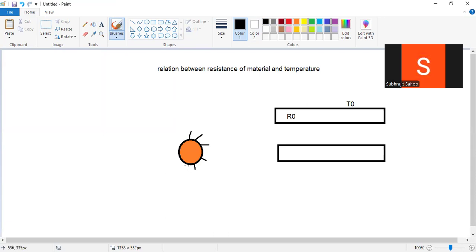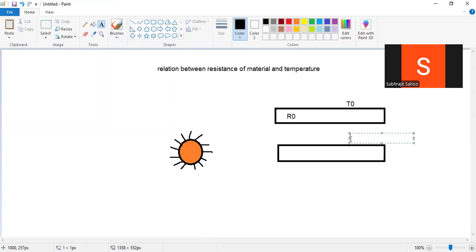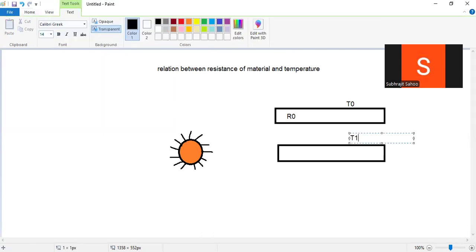So because of the sunlight, the same material which was having temperature T naught, the reference temperature, I mean normal atmospheric temperature, now at a moment, because of the heat from sunlight, the temperature changes from T naught to, assume, T1.